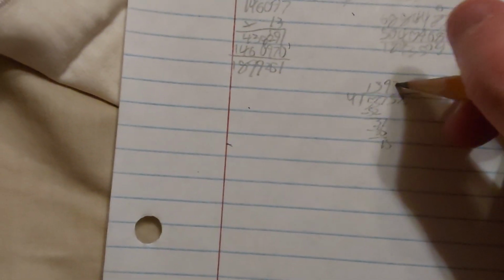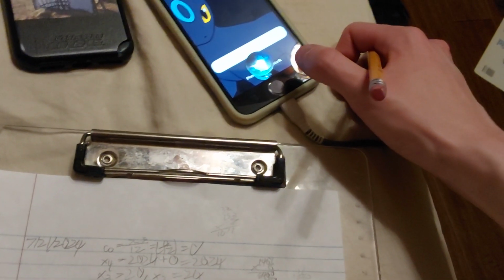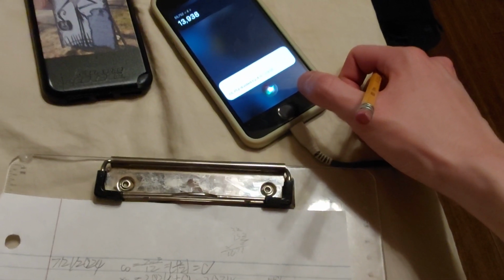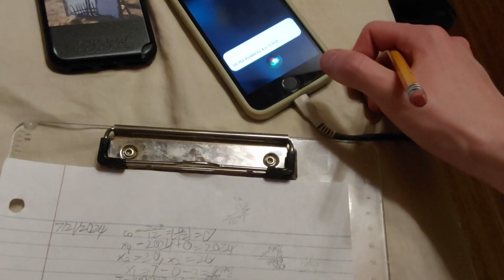For confirmation, 55,752 divided by 4 is 13,938. Yes, that is correct. Now we're supposed to multiply by 100 and add 99.